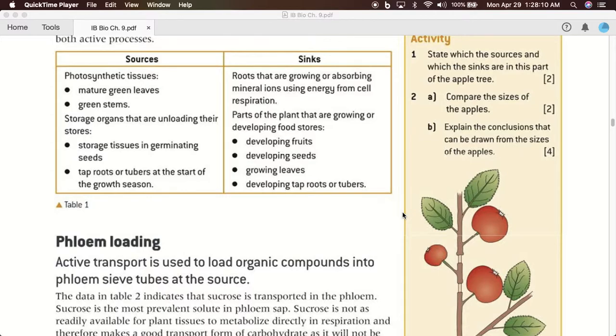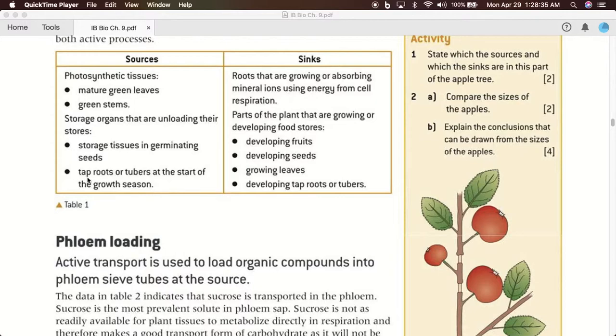Those are sources. Places where you've stored sugars and now you can use them would also be sources. So when you talk about a seed that is about to germinate, it's got a big chunk of sugars in there, and that's a source because the growing plant is going to pull the nutrients from the rest of that seed to try to grow.